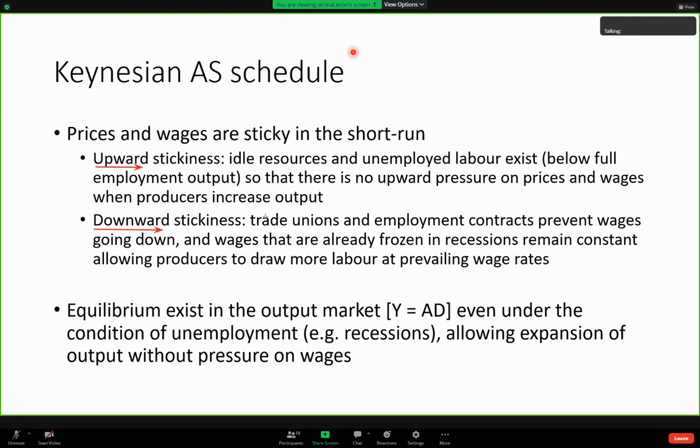What is the reason? There are three parties involved in this case. One is the trade unions, another is the government, and the other is the employers themselves. Trade unions don't allow wages to go down.